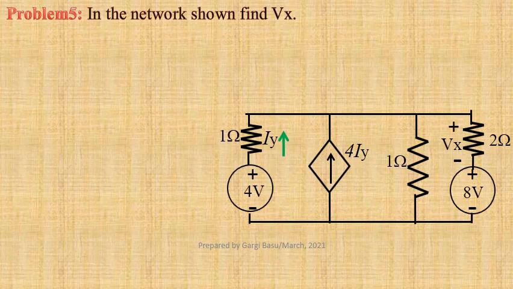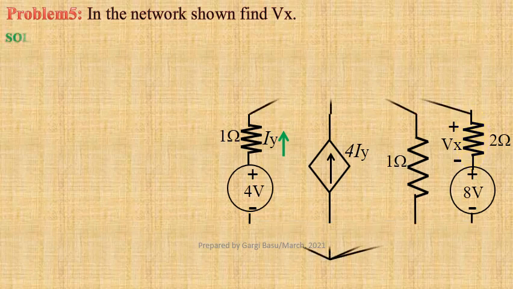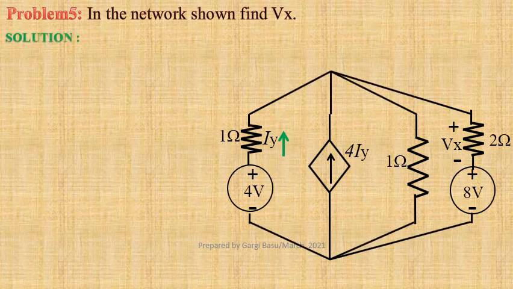Problem number 5. We have to determine Vx, the voltage drop across 2 ohm resistor. Let us first redraw the circuit and mark the essential nodes as 1 and 2. Associated voltages are V1 and V2 respectively.